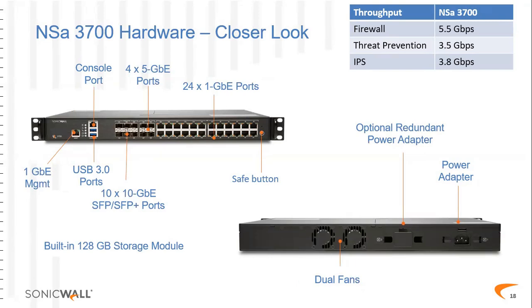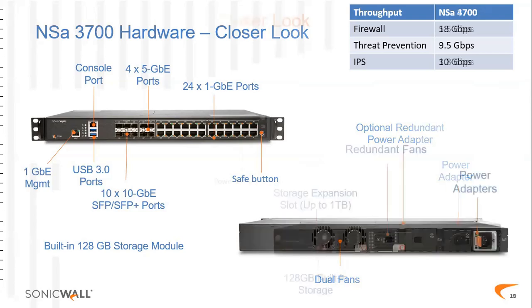And then they have a built-in 128 GB storage module. Same thing, they have the redundant power adapter, but this one has dual fans. The firewall throughput is 5.5 gig, the threat prevention is 3.5, and the IPS is 3.8.